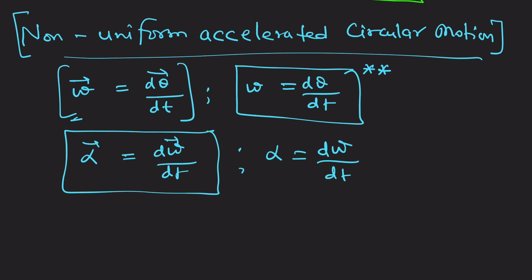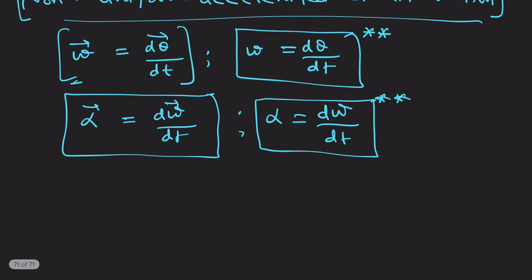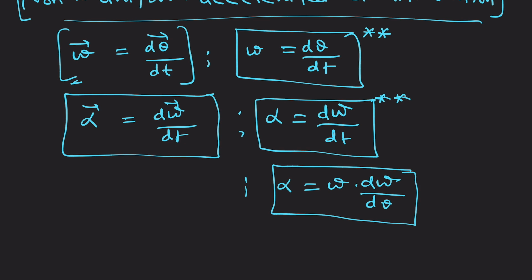And how to use it, we will see when we start discussing the illustrations in the next lecture. You will get to know how we have to use this. And the third one is, of course, scalar form only: alpha is equal to omega into d omega by d theta. That is the third equation.